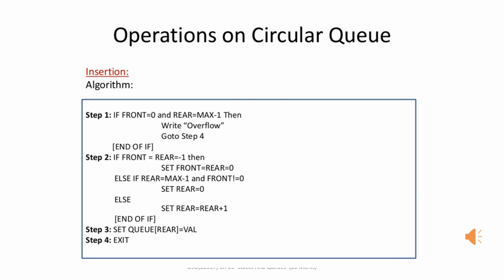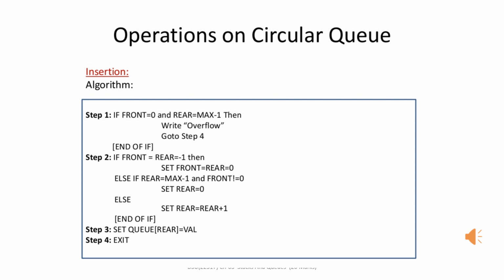See here, initially the front and rear of the queue are minus 1, and max minus 1 refers to the array representation. That's why the total number of elements is max minus 1, meaning maximum size minus 1. If the array size is 100, then the array index starts from zero.